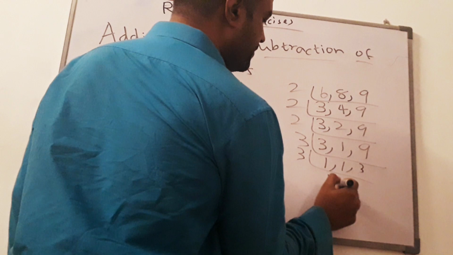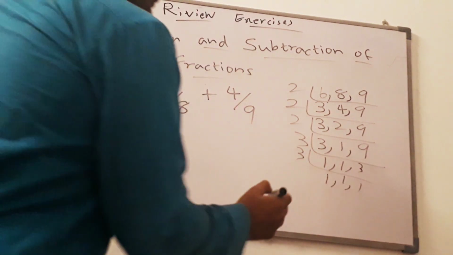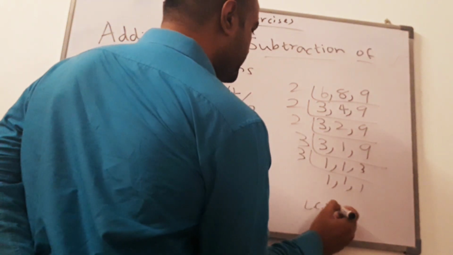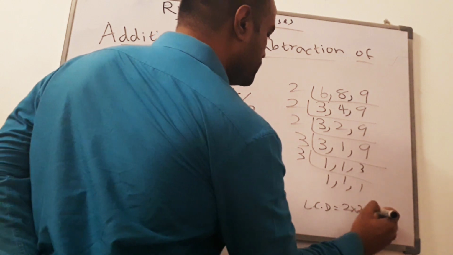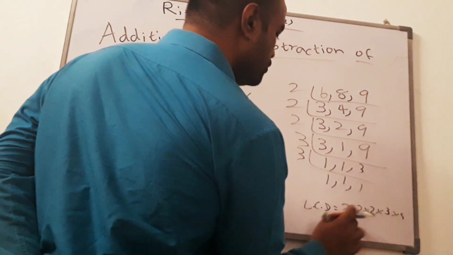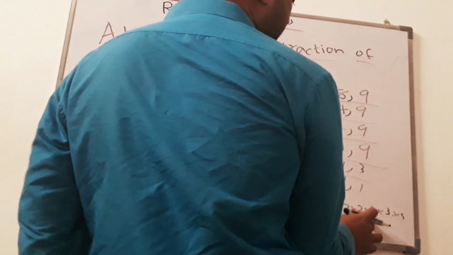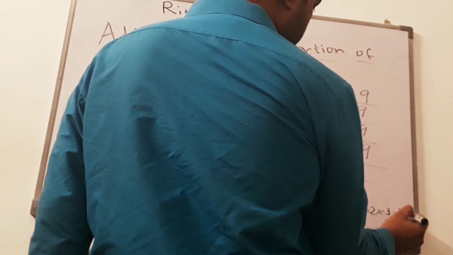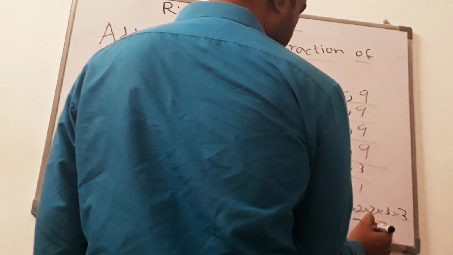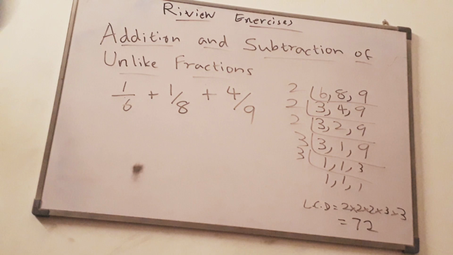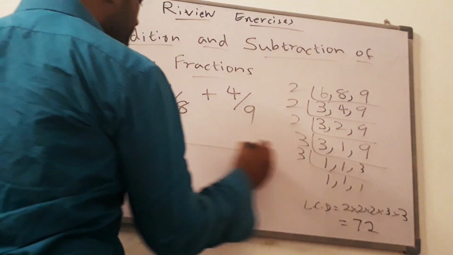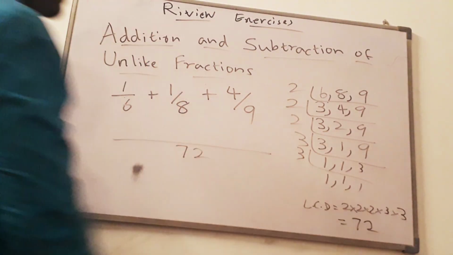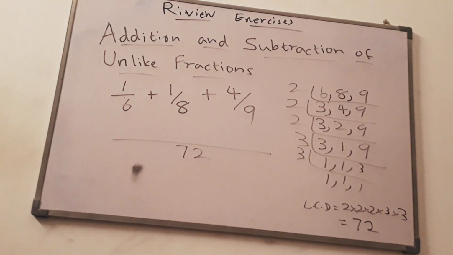Again by 3: 1, 1, 1. So our least common denominator is 2 times 2 times 2 times 3 times 3. 2 times 2 is 4, 4 times 2 is 8, 8 times 3 is 24, times 3 is 72. So here the least common denominator is 72.